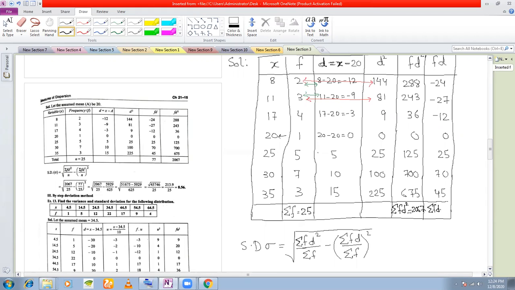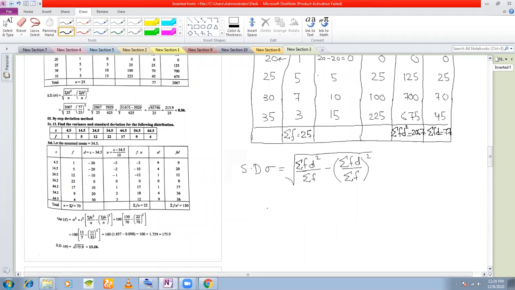If we add up, it comes to 77. So now we shall just put it in the formula. Sigma is equal to square root of 2067 divided by 25 minus summation FD, which is 77, divided by 25, whole square.